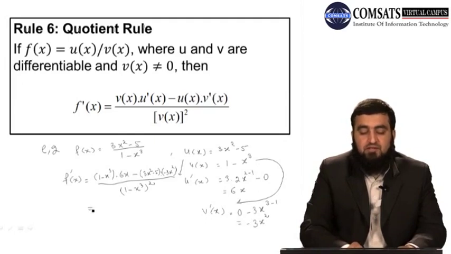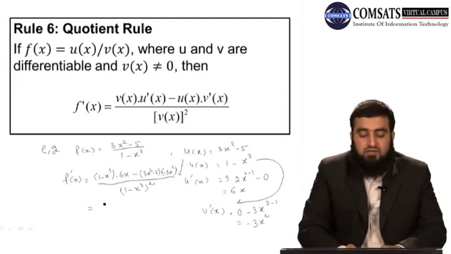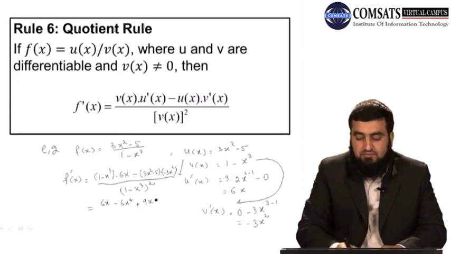So we need to simplify this expression. So 1 minus x cube into 6x is equal to 6x minus 6x to the power 4, and from the second expression we get plus 9x to the power 4 minus 15x square, and this whole is divided by 1 minus x cube whole square.